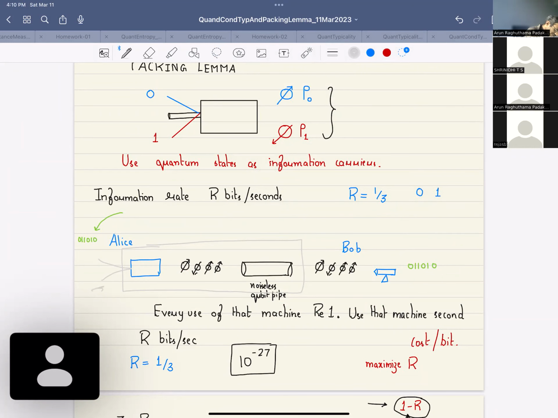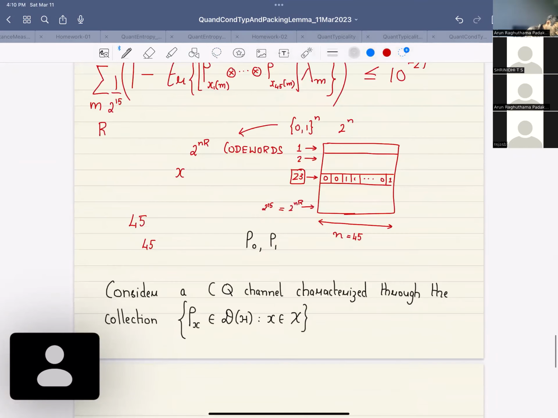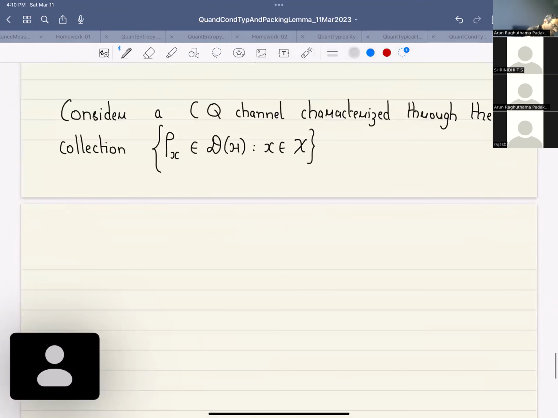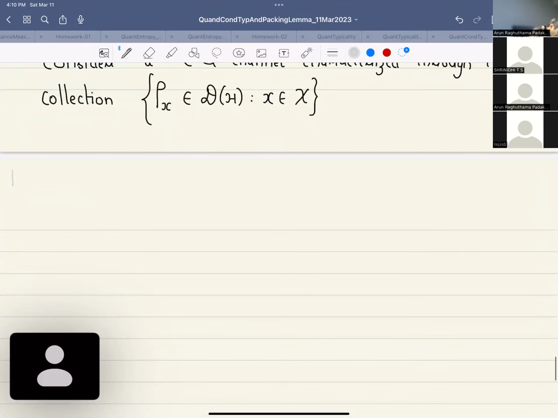So this entire transition from your lever selection to the quantum state coming out is just called a CQ channel. It will become clear as we go along; you don't have to worry about it. Essentially, consider a CQ channel characterized through the collection rho x. I'll give you a couple of definitions. So definition 1.